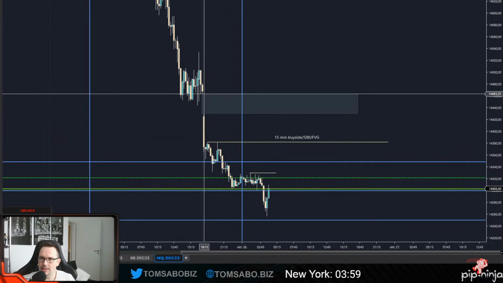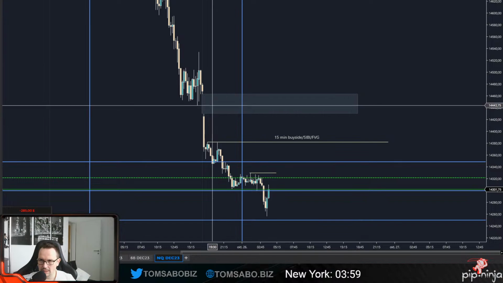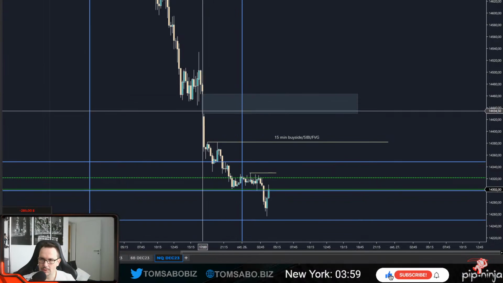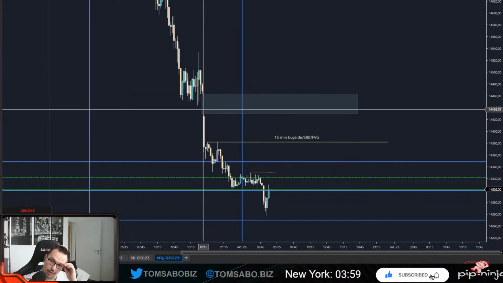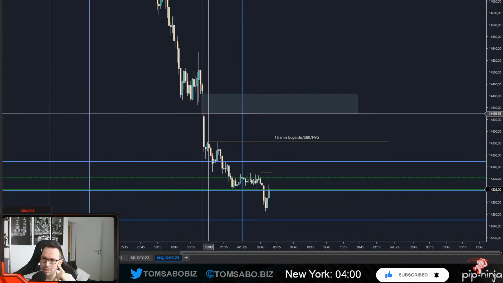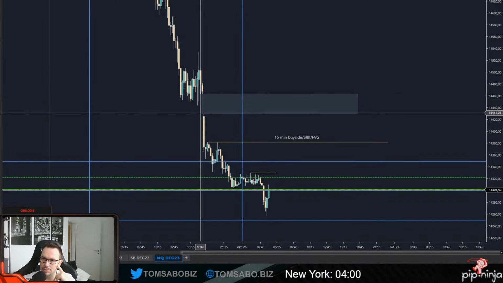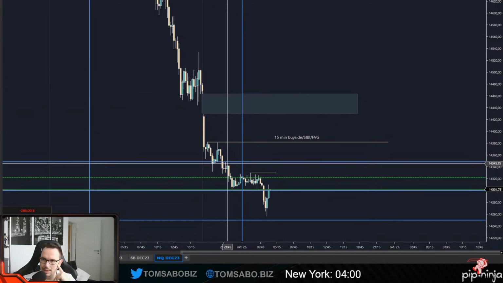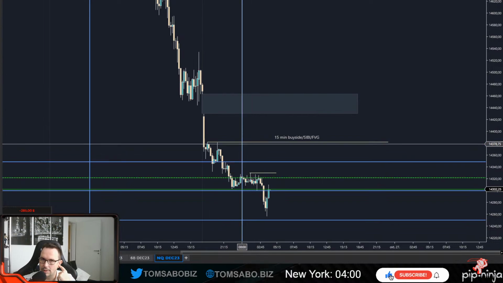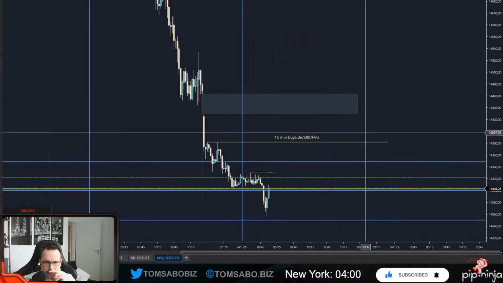And we have this fair value gap from turnover, like electronic trading hours. This is interesting. Now this is not just a few handles. This is like 30 handles. And I guess somewhere in the near future this should be covered.